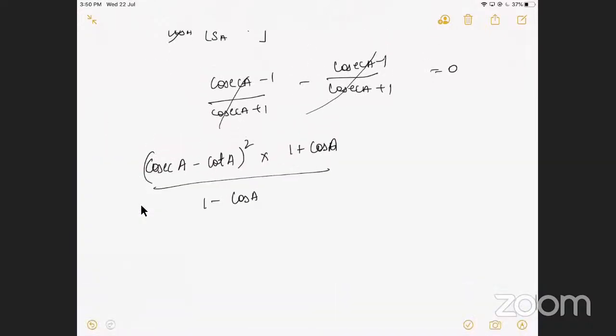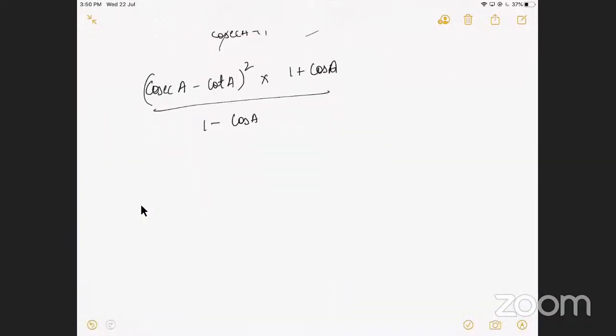Sir, in this question, I'm getting 1 plus cos theta the whole square by 1 minus cos theta the whole square. And then after that, how do I proceed?